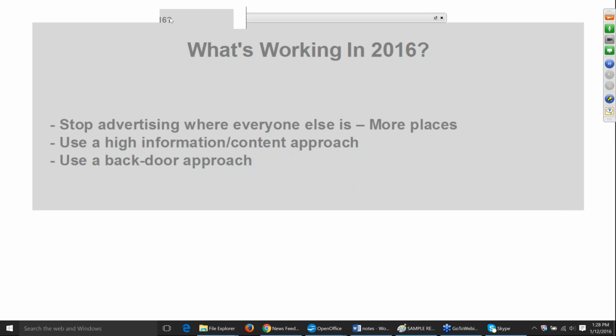Online, what's working right now is when you are able to run ads and landing pages that look more like content. In other words, we teach first, capture lead second. This is the backdoor approach, and yes, it is working. It's working far, far better than the blatant in-your-face ad.